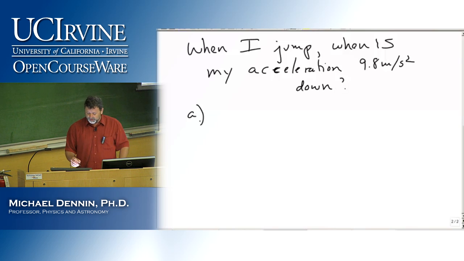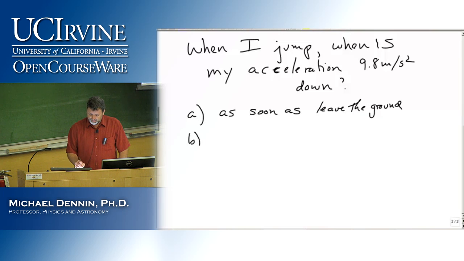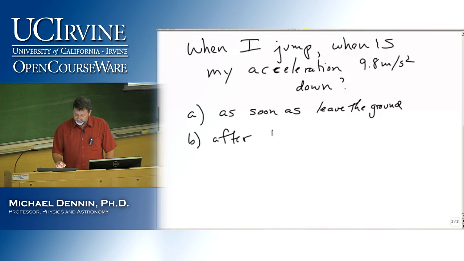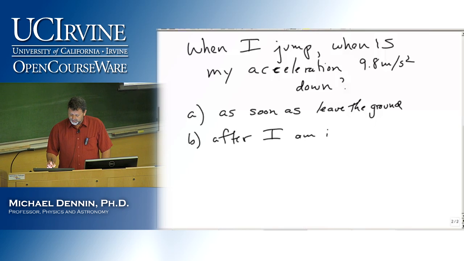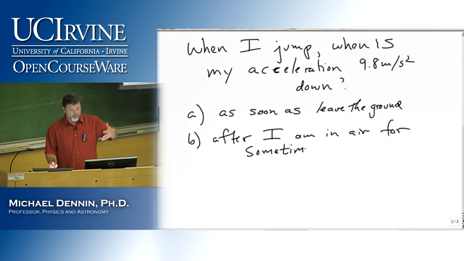Some possible answers I heard out there. As soon as I leave the ground. After I am in the air for some time, which you'd have to solve for presumably, so you do a quick little calculation to figure out when you start accelerating downward.